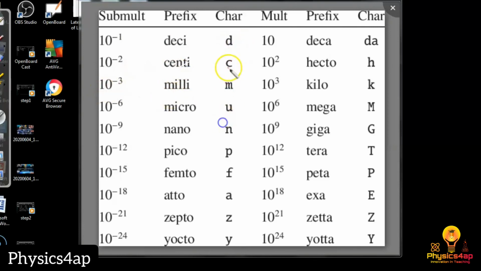Deci for d, centi for c, milli for m, micro for mu, it should be written as mu. 10^-9 nano, that is n, and so on. These are the submultiples, that is for the smaller values. And these are the multiple values, that is for the larger values: 10 for deca, 10^2 hecto, 10^3 kilo, 10^6 mega. Based upon these multiples and submultiples, we can represent the larger and the smaller values.